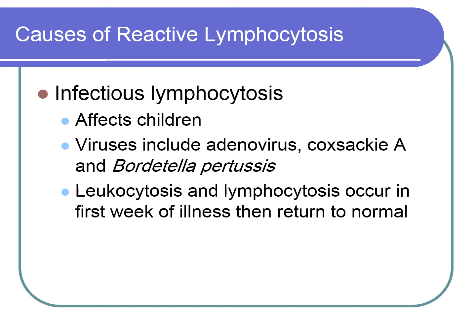Another cause is infectious lymphocytosis. Children are more vulnerable to viral infection, because viruses may include adenovirus, Coxsackie, or Bordetella pertussis. The leukocytosis and lymphocytosis occur in the first week of illness and then return to normal.